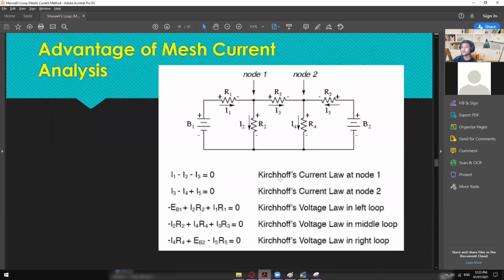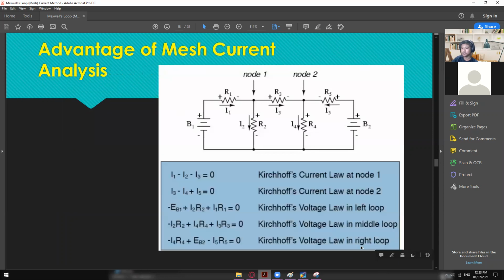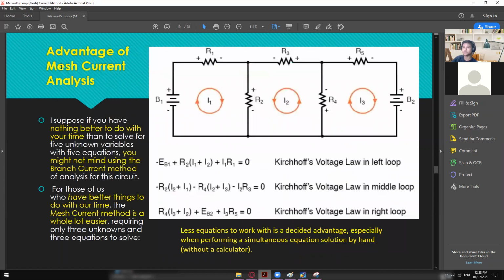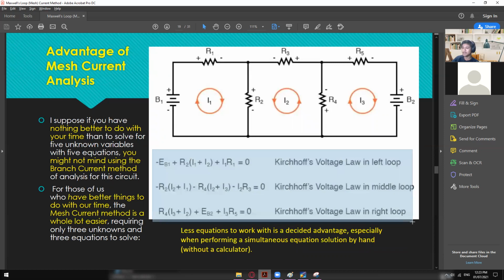Okay, so if you're going to use Kirchhoff's, you're going to have this kind of equation. So 5 equations, 5 unknowns. But if you're going to use a mesh current analysis, this will only give you 3 equations and 3 unknowns. So that is basically the main advantage of this one.